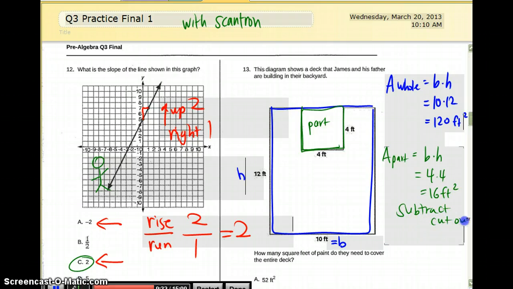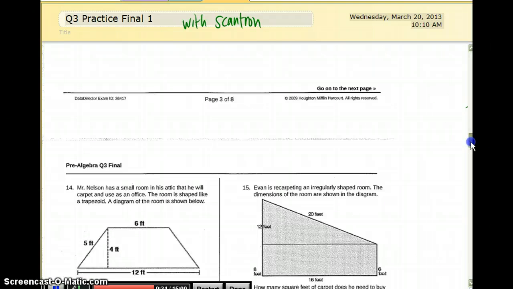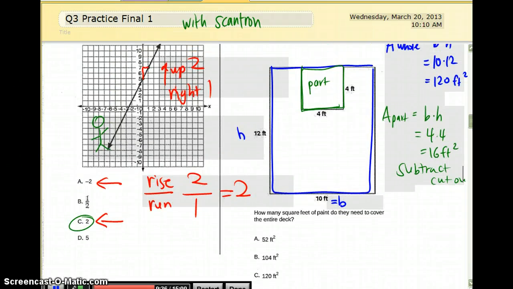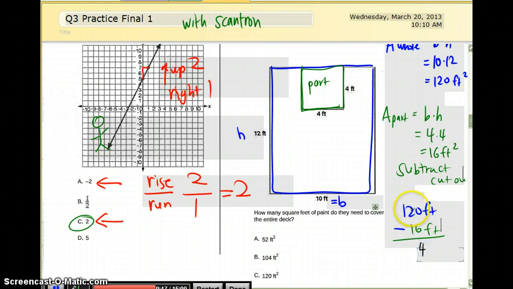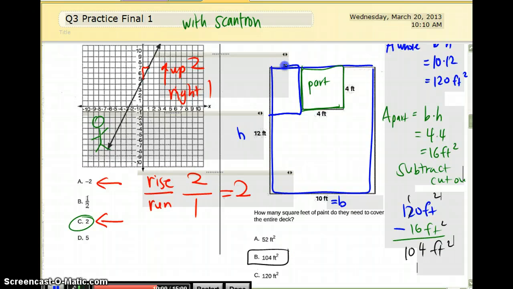So I would subtract 120 feet, the whole thing, minus the 16 feet, and then get my answer from there, which would give me 104 feet squared, which was B.